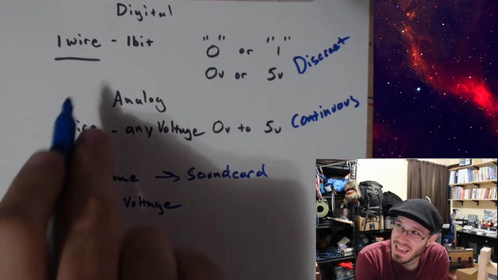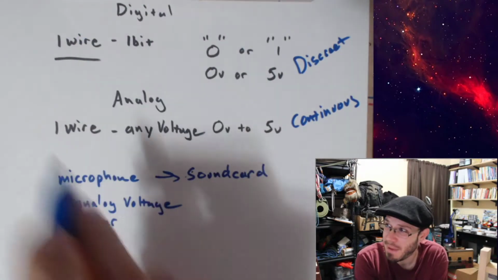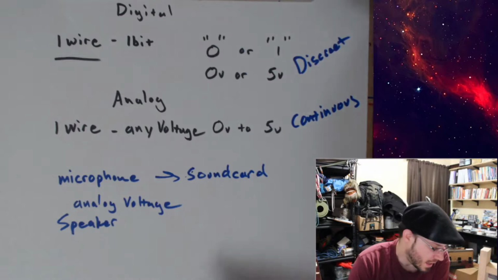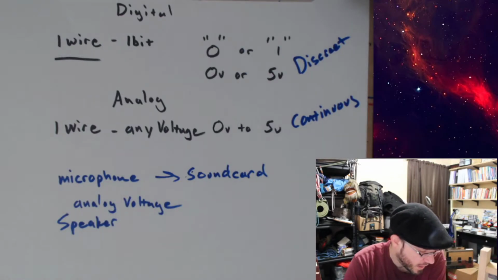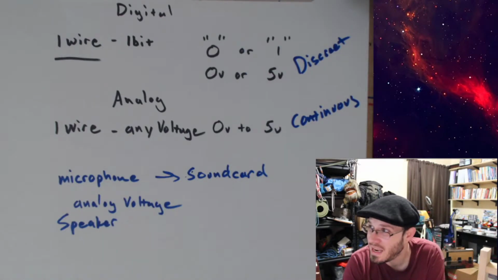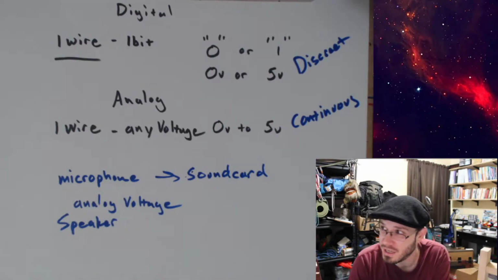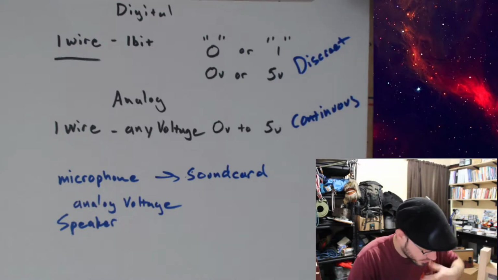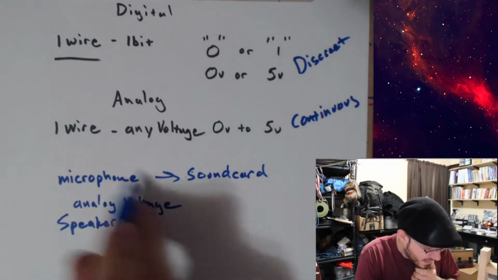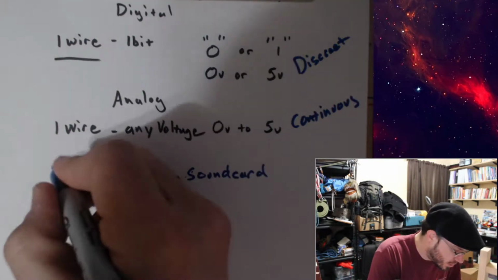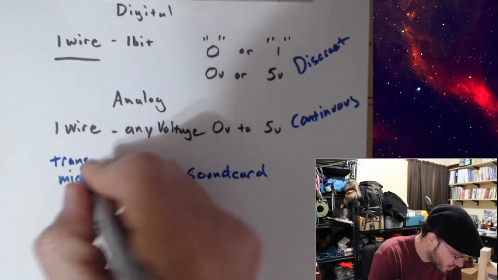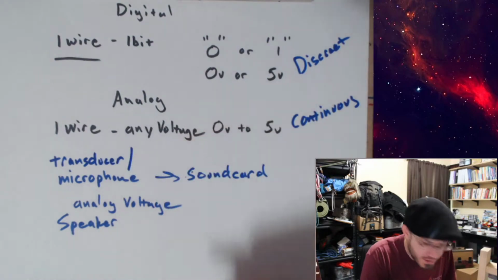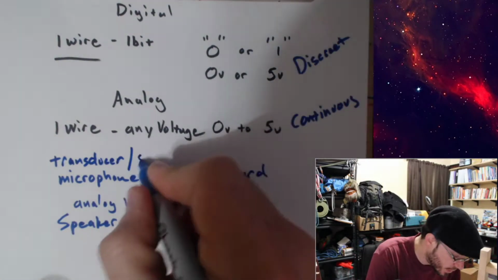So we need to be able to cross this boundary somehow. We need to be able to jump back and forth. Now, every type of sensor or input or output that you're going to deal with is going to end up being analog. And in the case of sound, your microphone, that's a transducer. Now, transducer is just a fancy word for sensor.